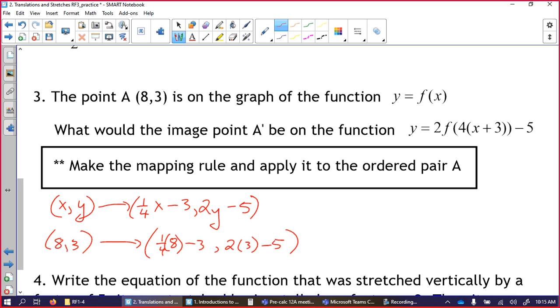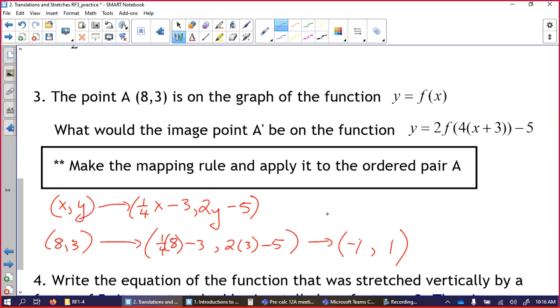A quarter of 8 is 2. 2 minus 3 is negative 1. 2 times 3 is 6. 6 minus 5 is 1. So for the base function, we have the point (8, 3). The transformed function, the point is (-1, 1).